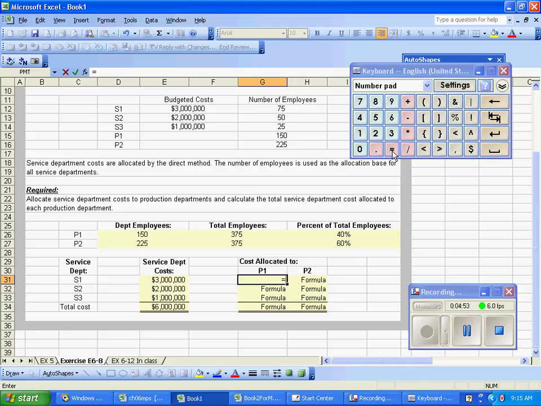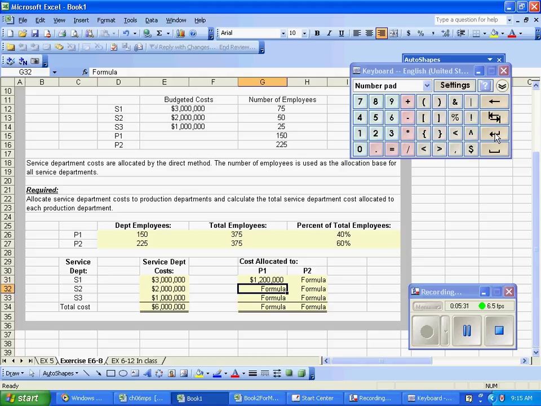What was the purpose of this percent that I did up here? Yeah, so I'm using my employees as a base. This determines the percent of employees. So I'm using employees as a base, so that means 40% of service department costs are going to go to Production Department 1. I've already got the 40% in there, so I'm going to multiply 40% times 3 million. It's really a very simple calculation.